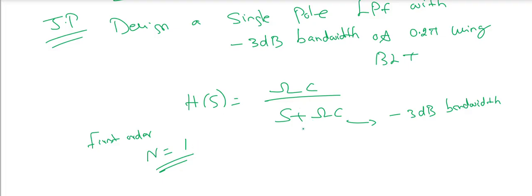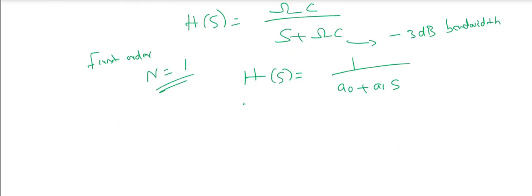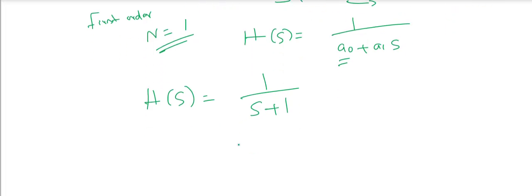So for a single pole, first order system, h of s can be written as 1 by a0 plus a1 s. And we include the normalized transfer function h of s equal to 1 by s plus 1, because a0 is always 1.